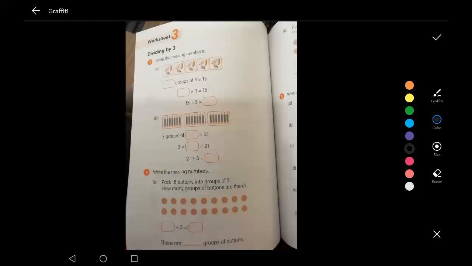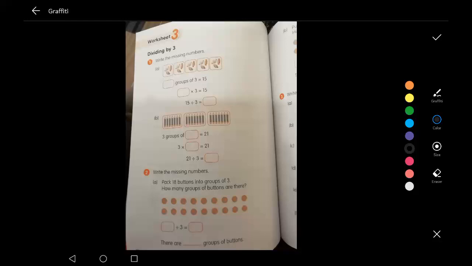So before you start this lesson, make sure that you memorize the multiplication table of 3.